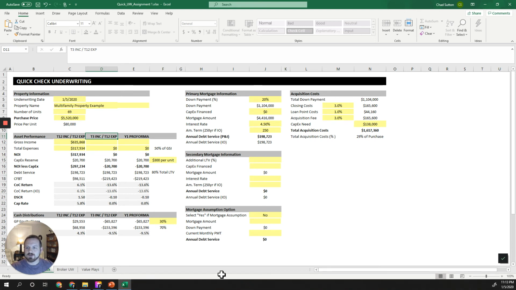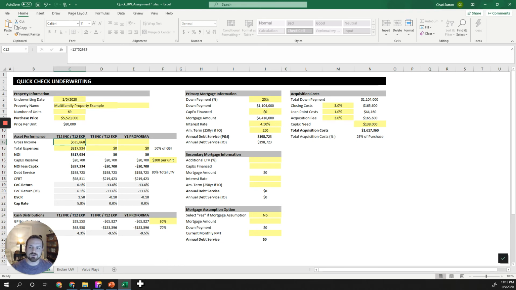So you always want to make sure you're using T12 expenses, but it is intriguing to look at T3 income as well. If I annualize the T3 income, that is, multiply the 3 months of income by 4 to get 12 months, that should be a bigger number than the existing T12. Why?